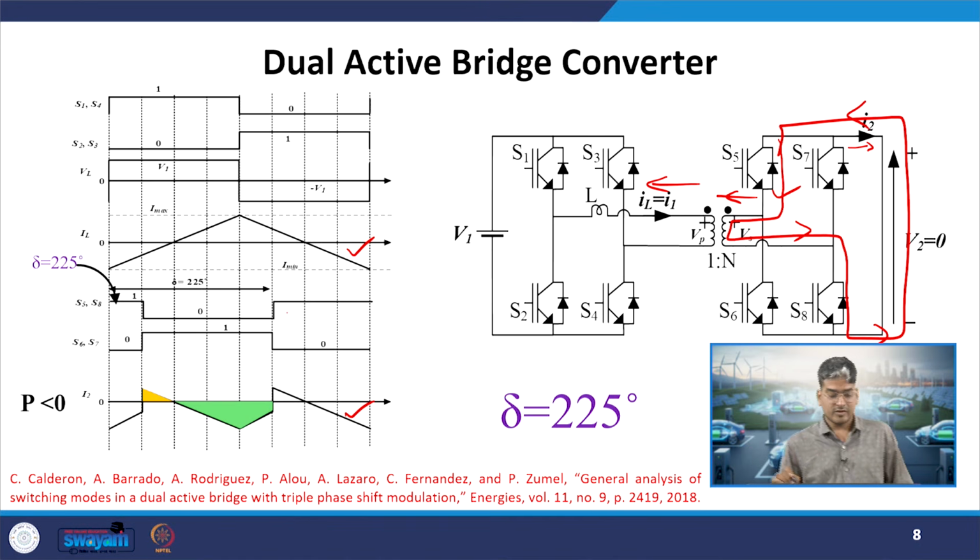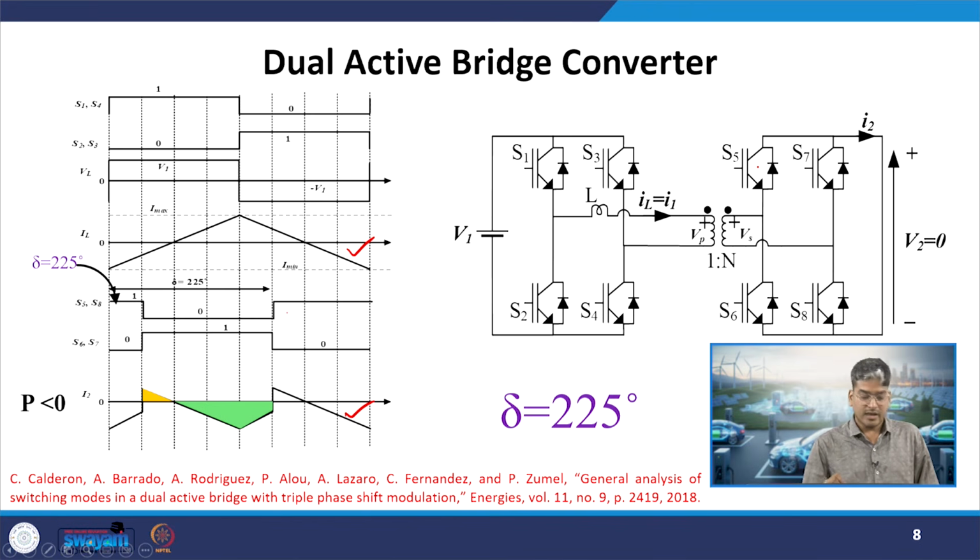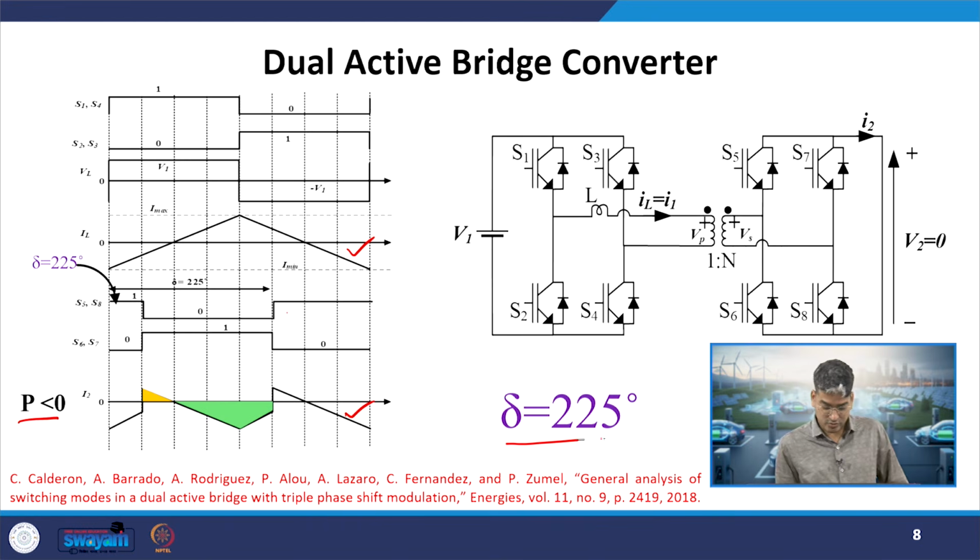Okay. So, whether from our conclusions or from the dot conventions, we will always see that the currents IL and I2 will be having the same polarity when my S5 and S8 are on. They will be having opposite polarity when S6 and S7 are on. Now, let us see what is the power being transferred in this case. Okay. So, when my delta is equal to 225.